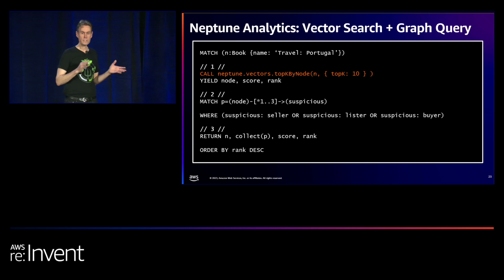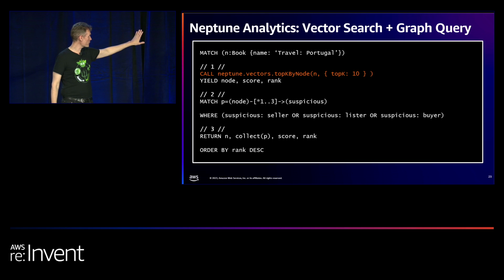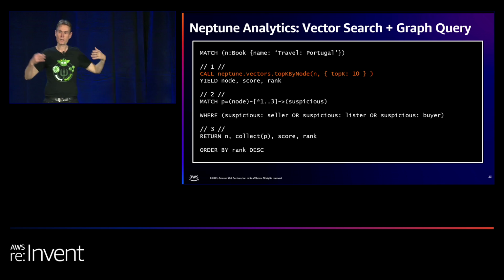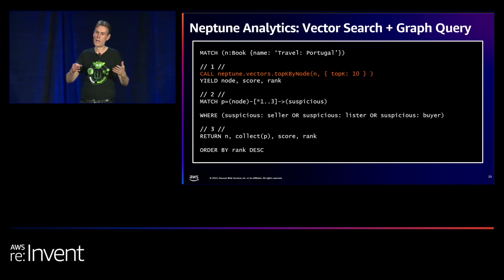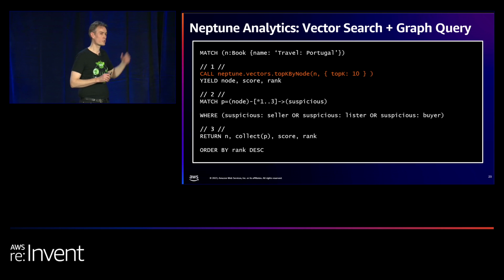So what they did is they combined graph queries with vector search to help them do this. And so this is an example of their query, or substantially similar. If you look at the top, again, we're starting with some kind of match on the graph. So we're taking the graph and we're finding a subset of it. In this case, we're finding subsets of books where Travel Portugal is in the name.